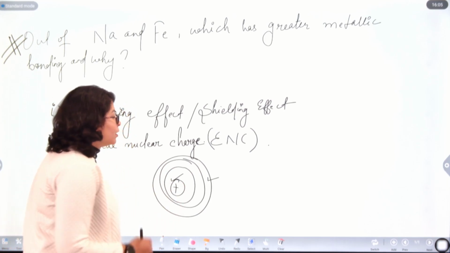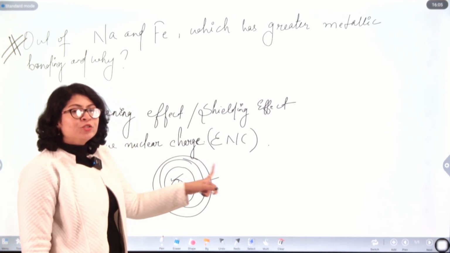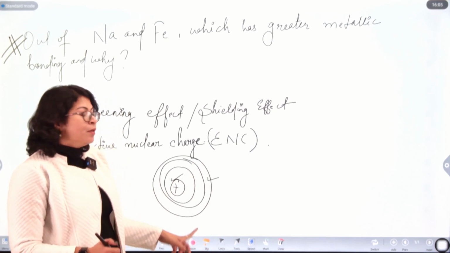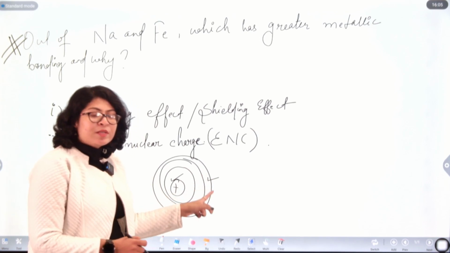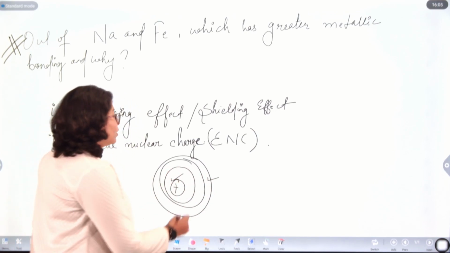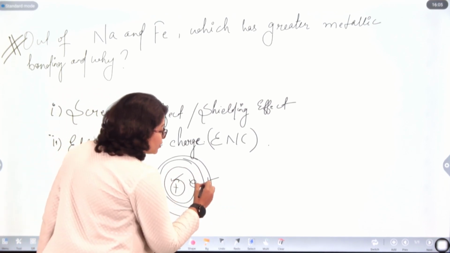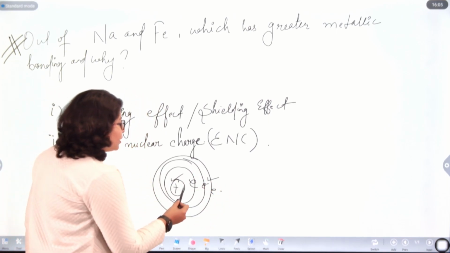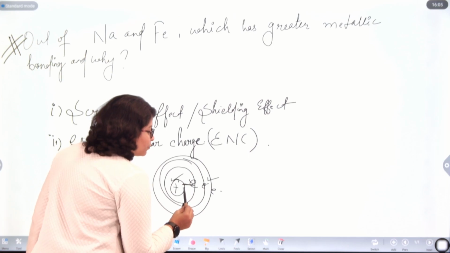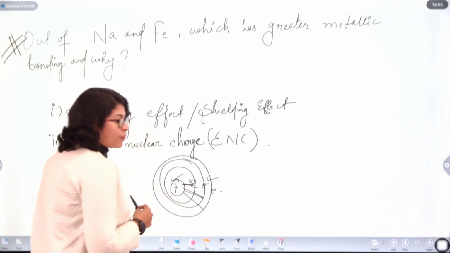For example, the nucleus has to reach the outermost shell. In order to reach, it has to come across the antipenultimate as well as the penultimate shell. Now, all shells mean electrons. Obviously, the nucleus will have an attractive force with these electrons as well, right?